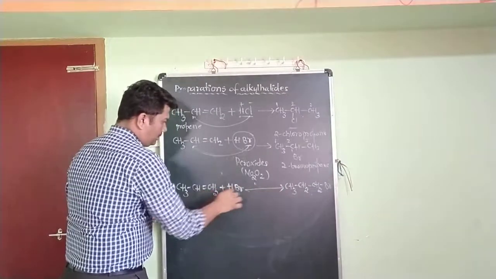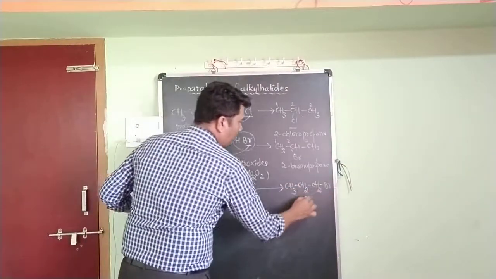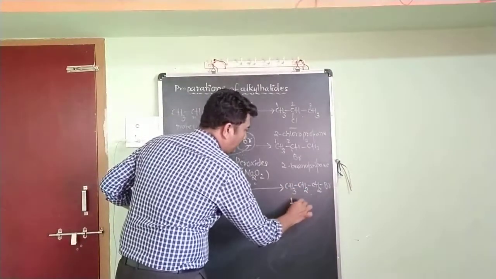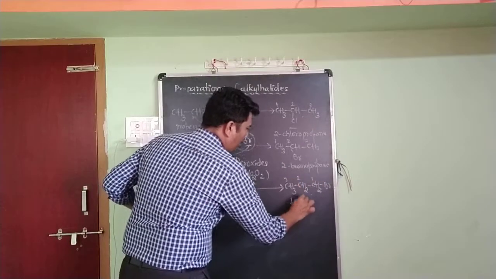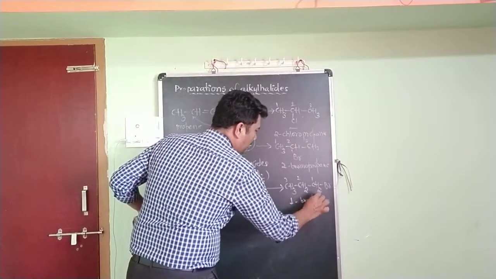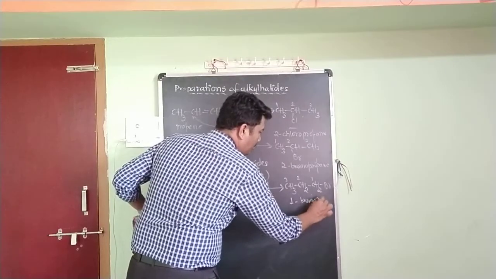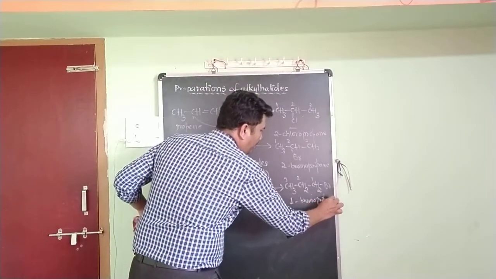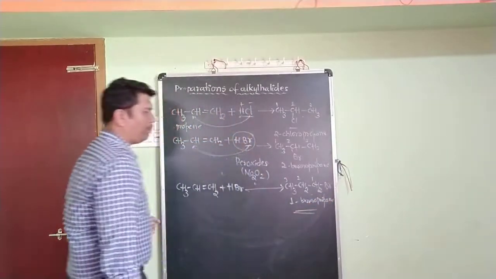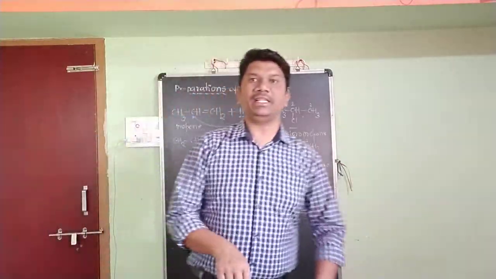CH3 CH2 CH2 Br, and the name of the compound is 1-bromopropane. So this 1-bromopropane is formed in case of peroxides.